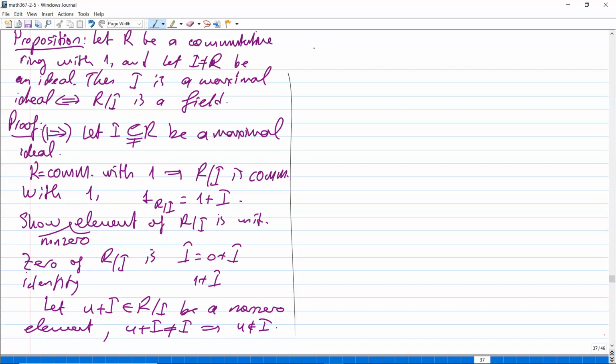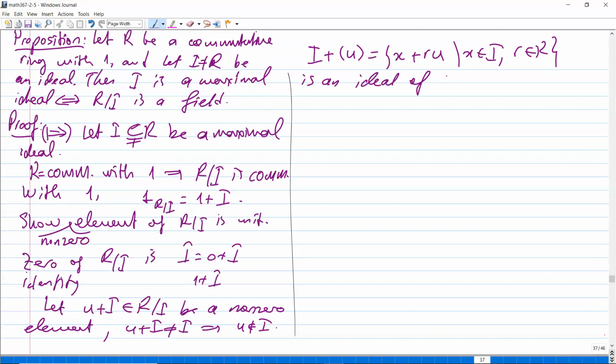Okay, let's consider this. Remember, we can look at the sum of two ideals, the ideal generated by U and I. This is the set of X plus RU, where U is constant, X is in I, and R is in R. So this is an ideal of R. You can check this also.